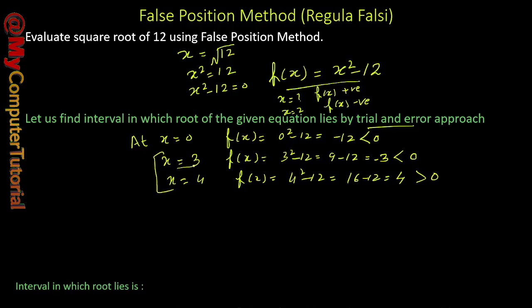So we have found these 2 points. At x is equal to 3, the value of f(x) is negative. At x is equal to 4, the value of f(x) is positive. So we can say our root will lie between 3 and 4. It means the interval in which we will find the root is 3, 4.